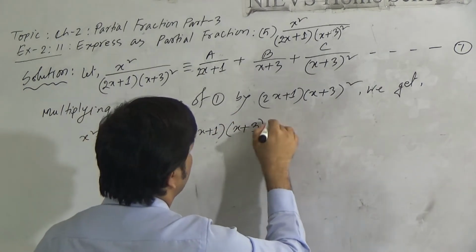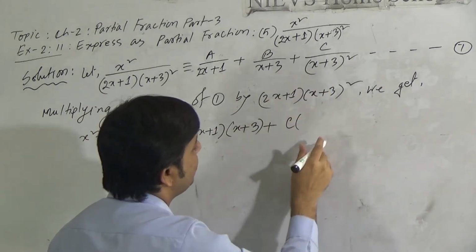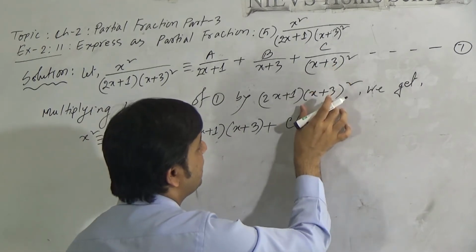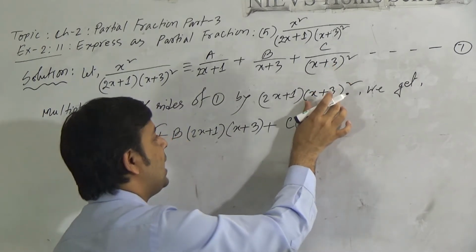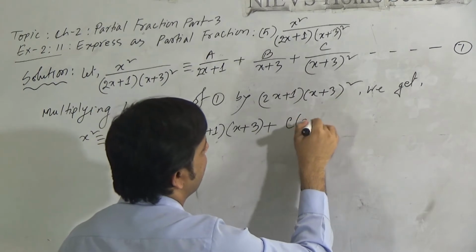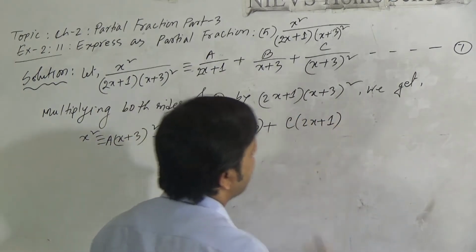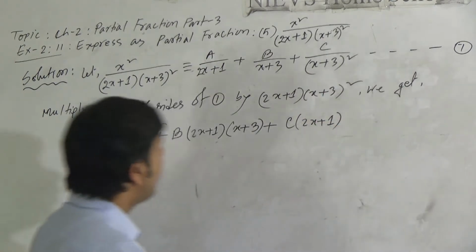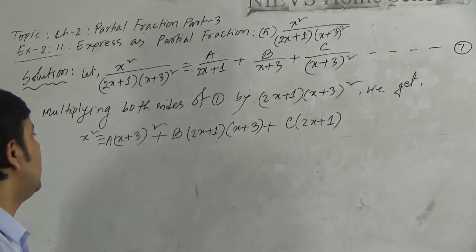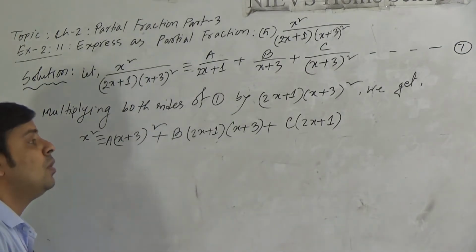So the next one, that will be c into, this x plus 3 whole square will vanish, and 2x plus 1 will remain here. Okay, dear students, so we have determined another equation.